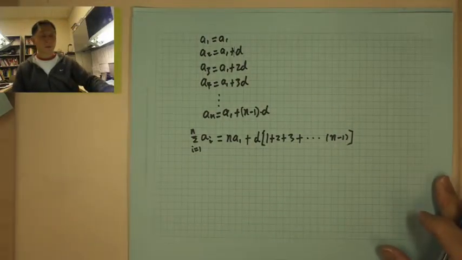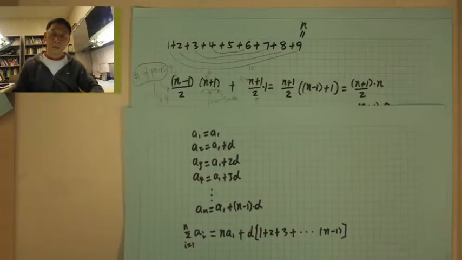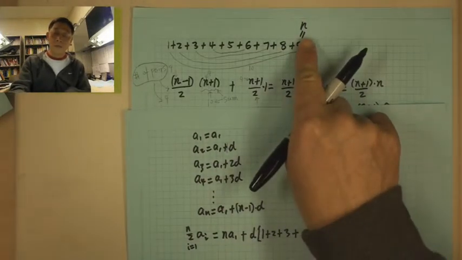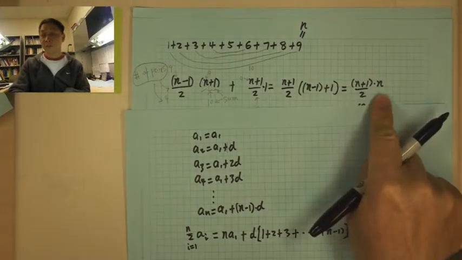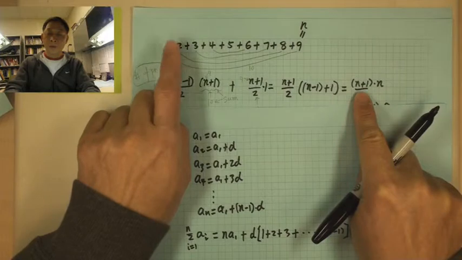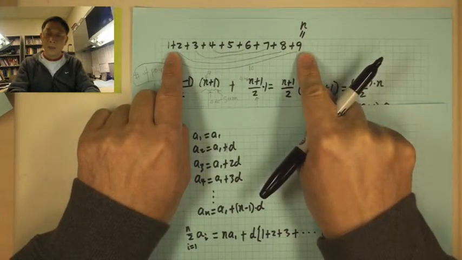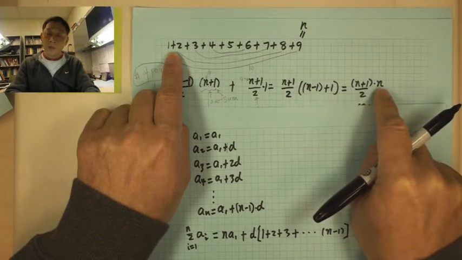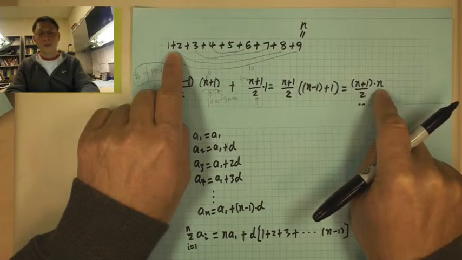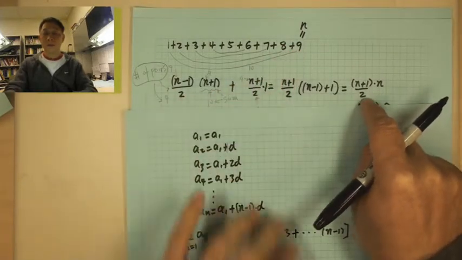Previously, what we did is that if you have n terms, this is the formula. It's basically the first term, 1, plus the last term, 9, times the number of terms, there are 9 terms, divided by 2.